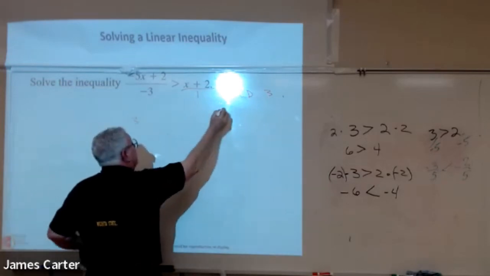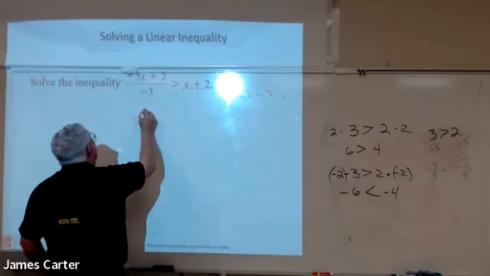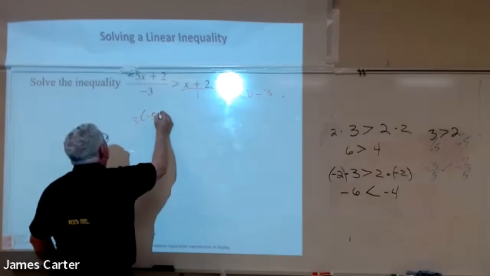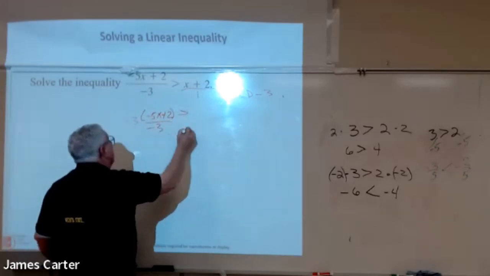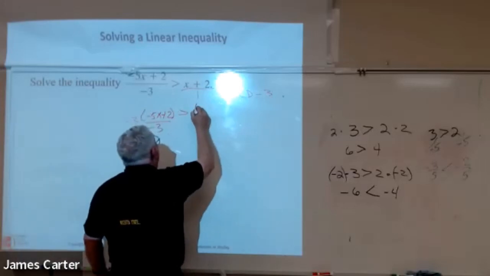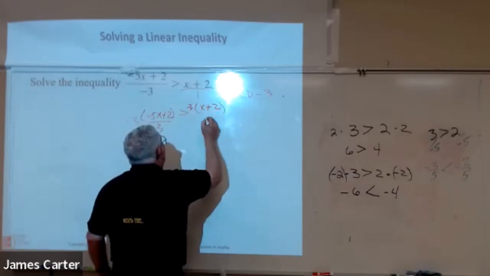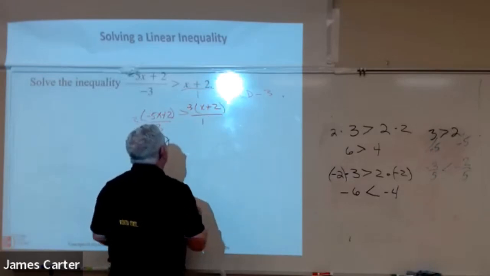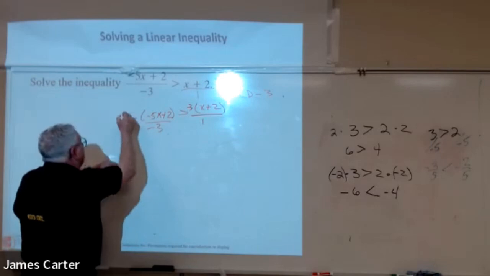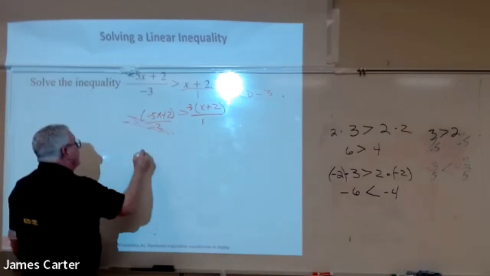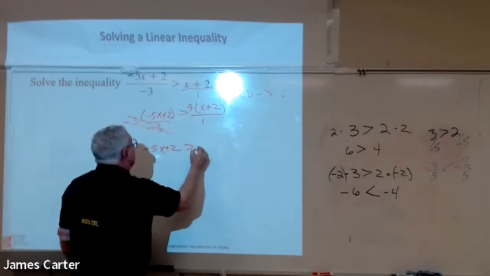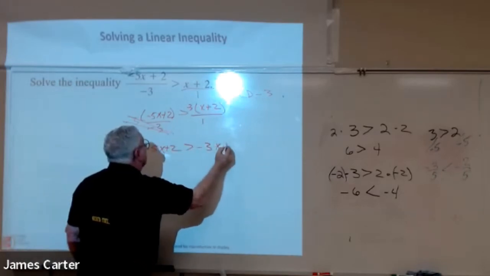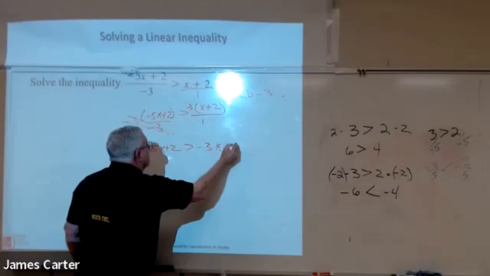Multiply -3, excuse me, -3 times -5x plus 2 greater than, over 3, -3, greater than -3 times x plus 2 over 1. Okay. These two cancel each other out. So -5x plus 2 greater than or equal to -3x minus 6.